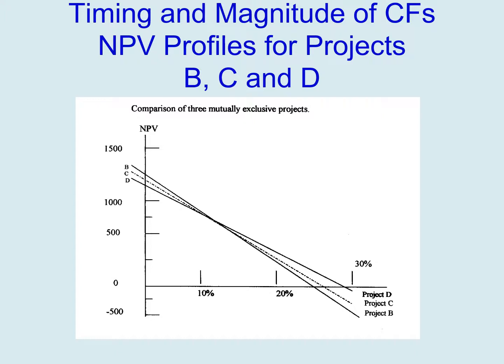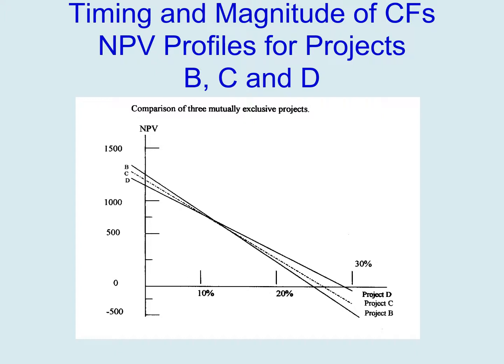And so the slope of the net present value profile for project D isn't as steep as the slope for project B. So as you have timing and magnitude of cash flows that are weighted toward the end of the project, you're going to have a much steeper slope for your net present value profile. So hopefully that makes sense.